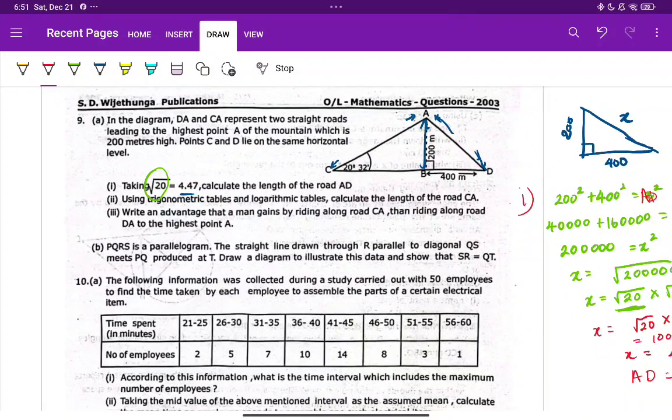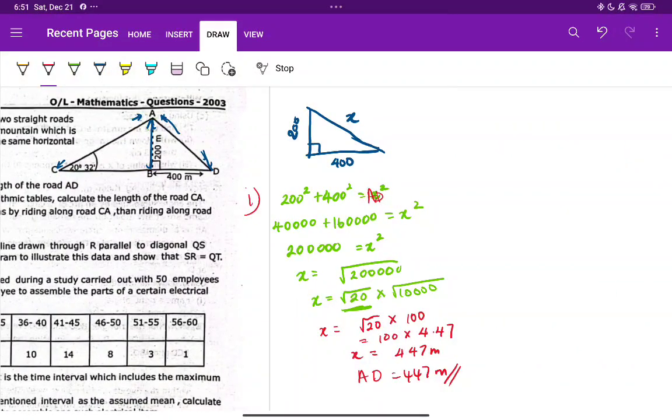And Roman number 2: using trigonometric tables and logarithmic tables, calculate the length of the road CA. So I'll have to draw this triangle CAB, with the angle BCA being 20 degrees 32 minutes, and a known side of 200 meters. We have to find CA.